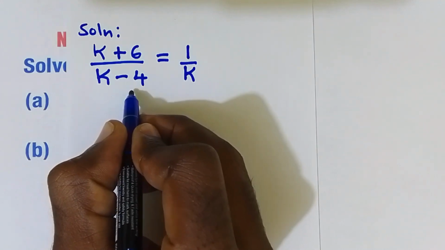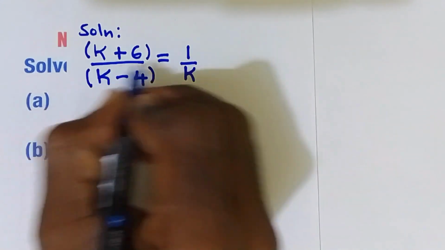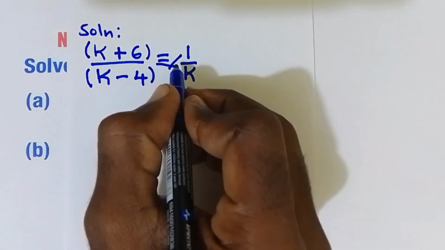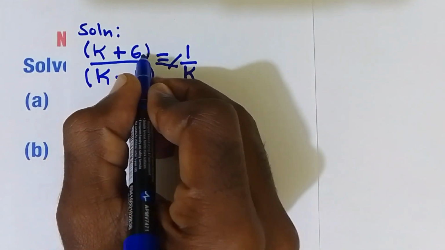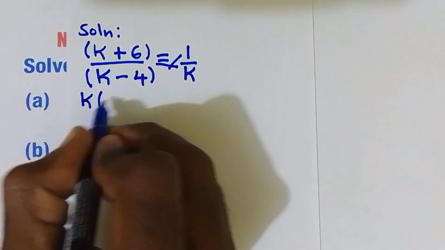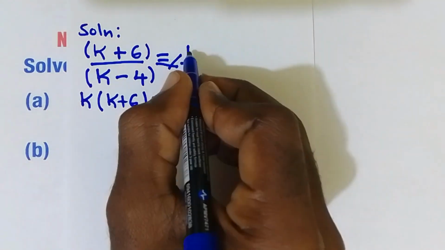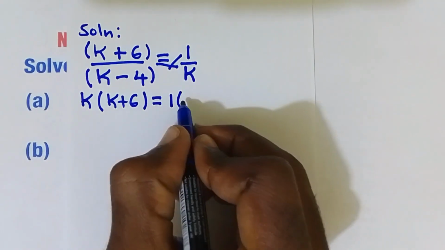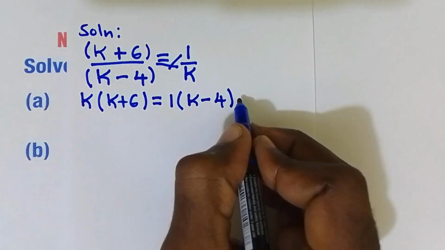What you are going to do first, I'm going to put this into brackets, then I'm going to cross multiply. That is k multiplied by k plus 6 is equal to 1 multiplied by k minus 4.